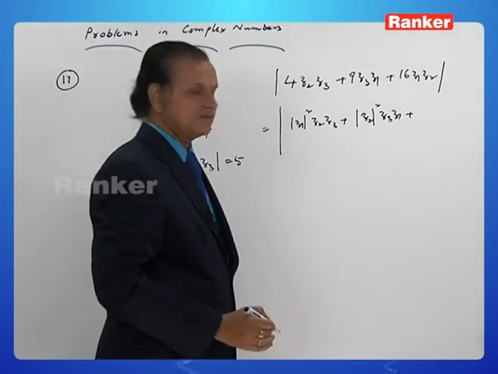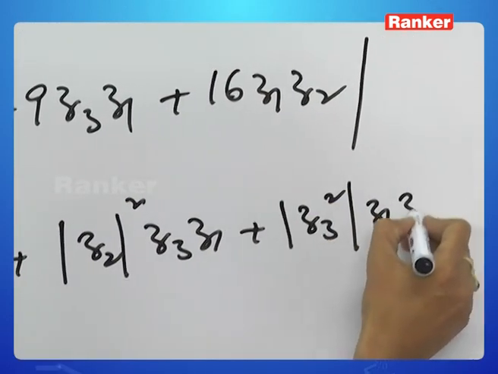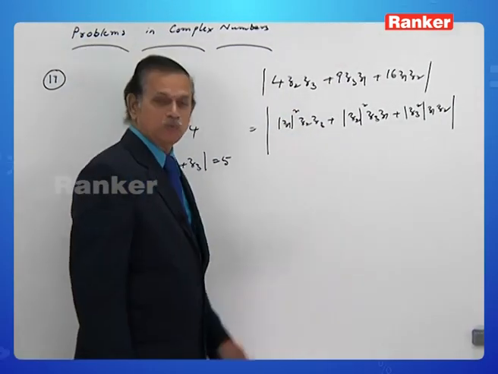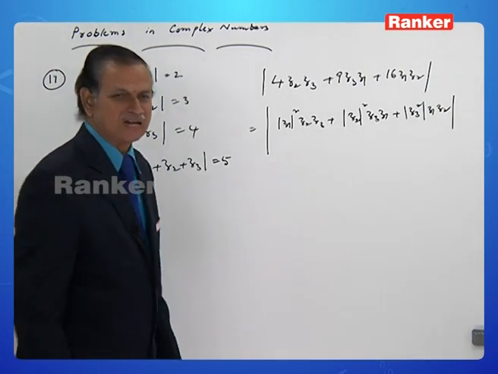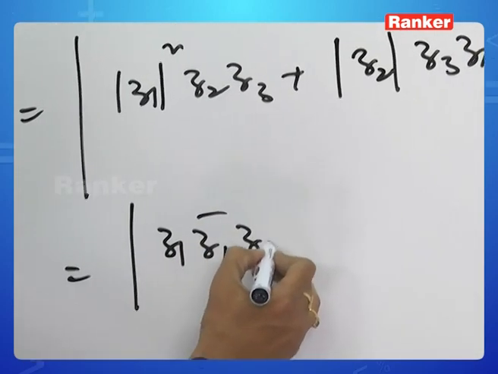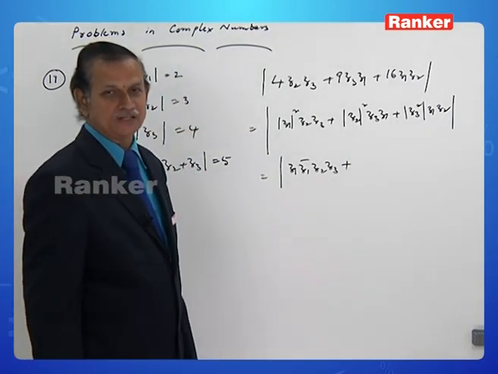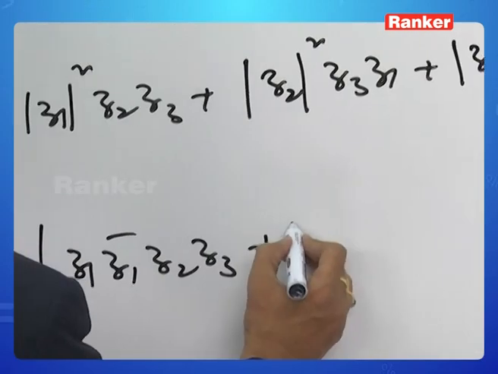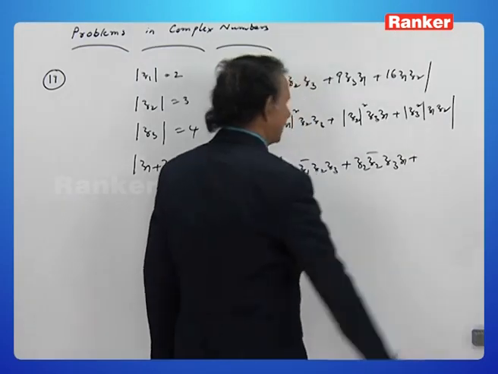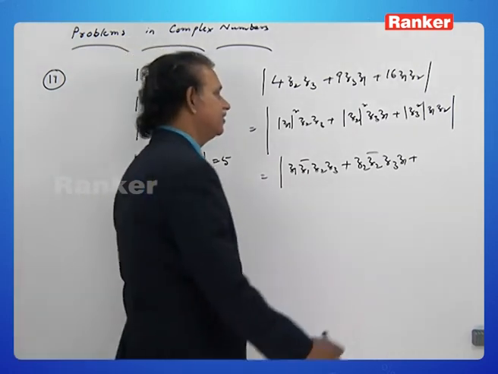Likewise, 16 can be taken as |Z3|² Z1 Z2. That is the required. Now, what is |Z1|²? It is just Z1 Z1 bar. This is equal to the modulus of Z1 bar Z2 Z3. Again, what is |Z2|²? Z2 bar. That is Z2 bar Z3 Z1 plus, what is |Z3|²? Z3 bar.